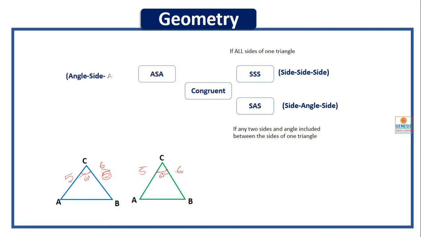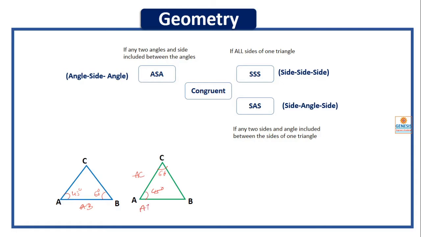Next one is ASA. ASA means angle, side, angle. If any two angles and the side included between them are equal, suppose the two angles are 45 and 60, and 60 and 45, and the included side in this case is AB, and in the other case is AC.